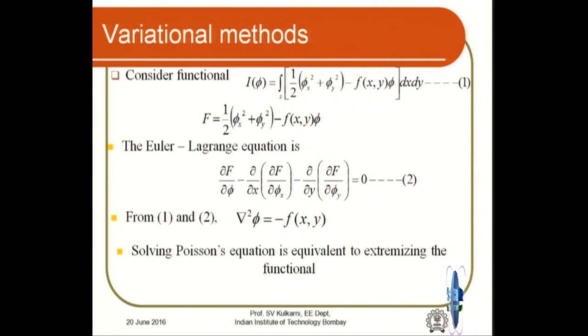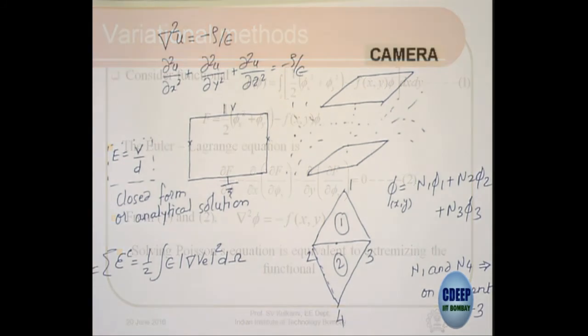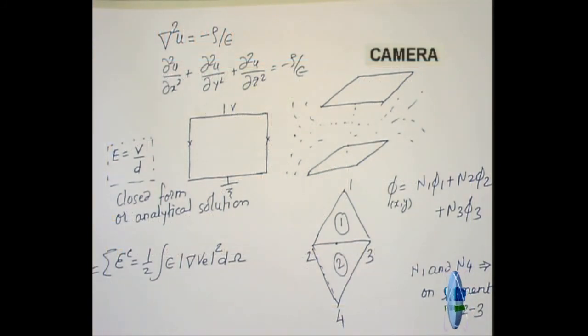Again, see this f for Poisson's equation is half (phi x square plus phi y square) minus f(x, y) phi. Do you agree? Because see here, it is like half, and this is del phi square.